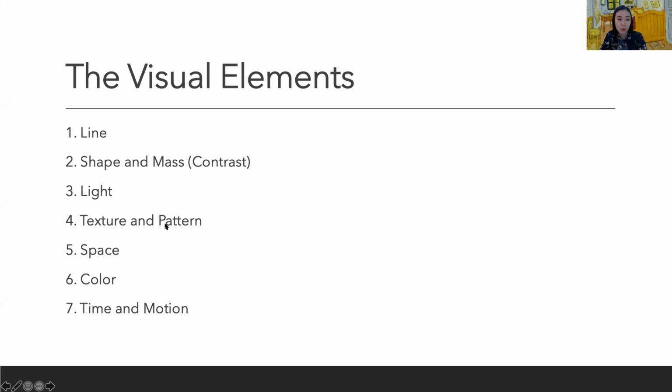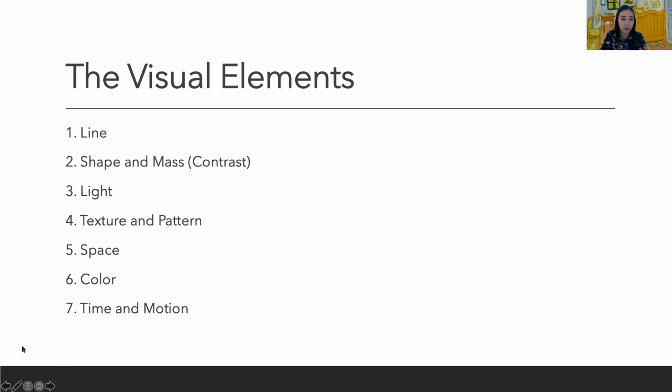Today we will see line, shape and mass, light, texture and pattern, and space. And next week, we are going to continue to see color and time and motion.